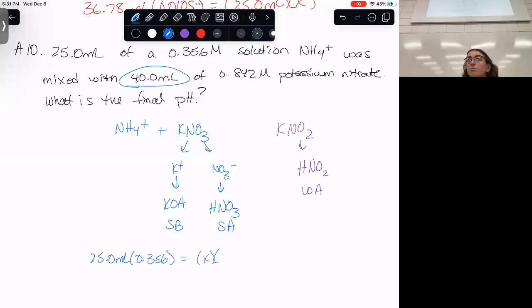And what's our final volume? 65. Do you need to convert to liters from milliliters here? Nope, they will cancel out in the very end. So X, I think, is like 0.16.